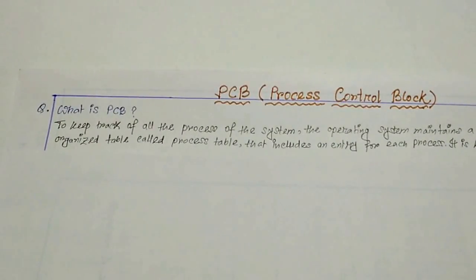There are some important features or important fields stored in a PCB. A data structure created by the operating system for representing a process.